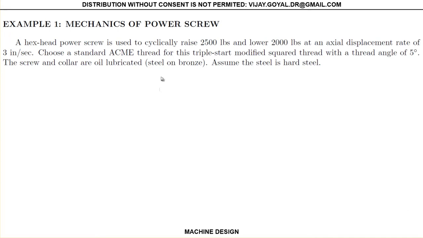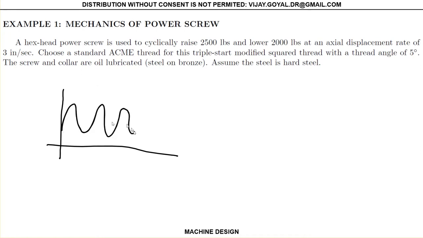And what's very interesting in the problem is this power screw is cyclically raising. So you have the screw that's actually lifting cyclically a load that goes from 2,000 pounds to 5,500 pounds.